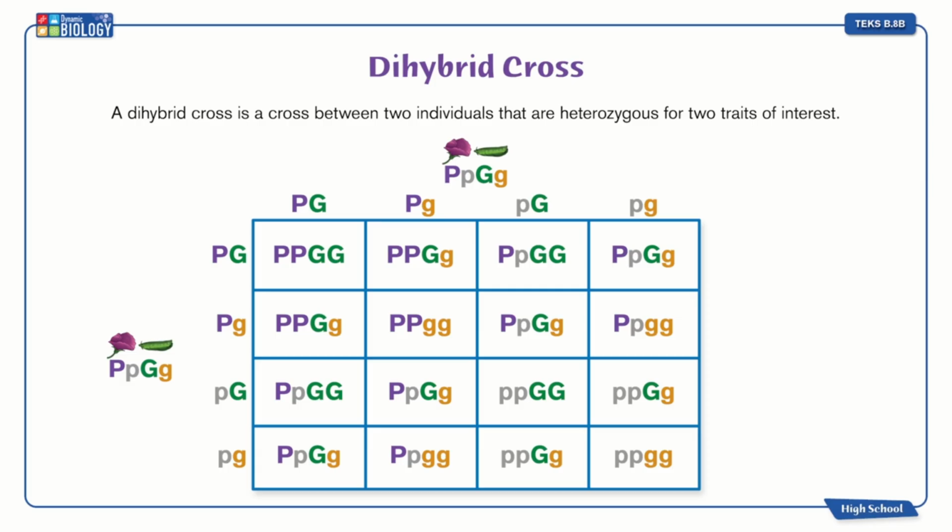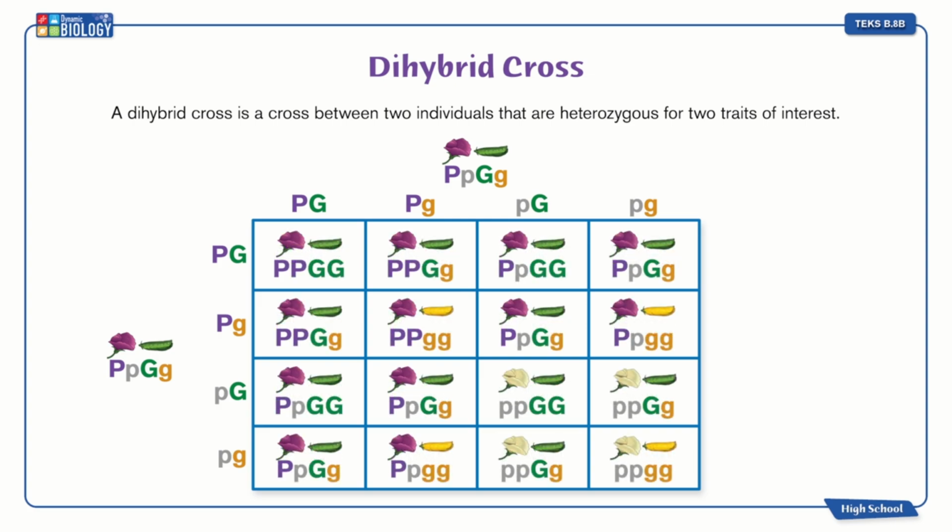How do we know which phenotypes result from these genotypes? Remember the relationship between the two alleles. The allele for purple flowers is dominant to the allele for white flowers, and the allele for green pods is dominant to the allele for yellow pods. Using this information, we can identify all of the phenotypes that result from the genotypes in this dihybrid cross.